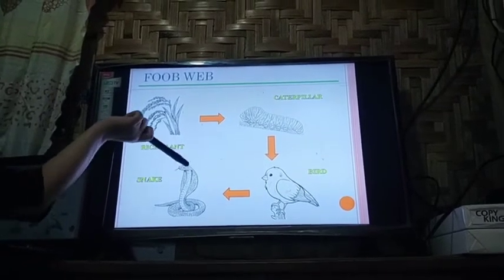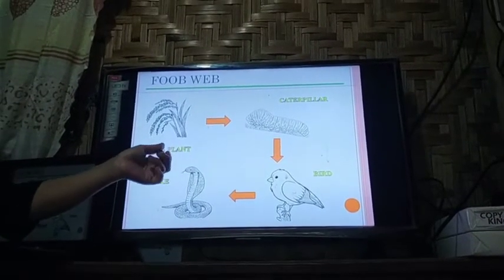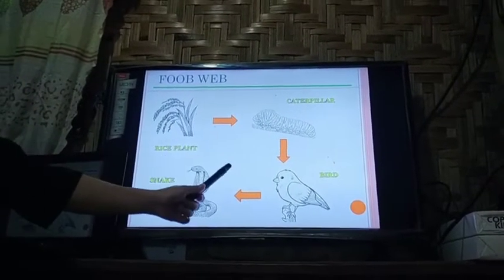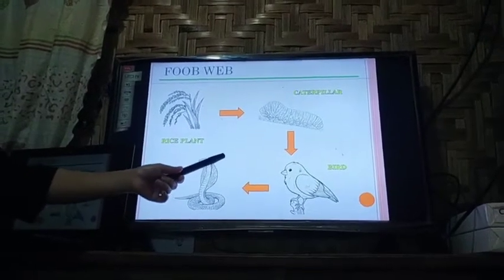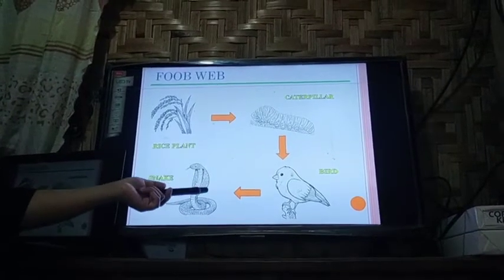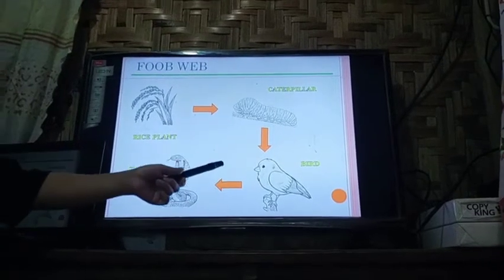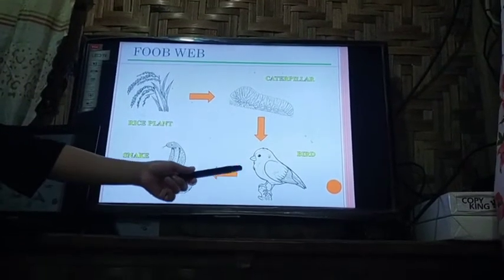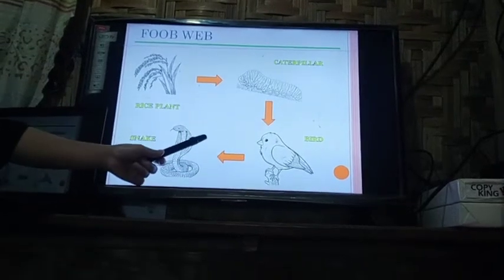Any answer? Very good. We have 3 food chains. So, as I said earlier, several food chains can make a food web. So now, let us study how it could be possible to have a food web in a food chain.